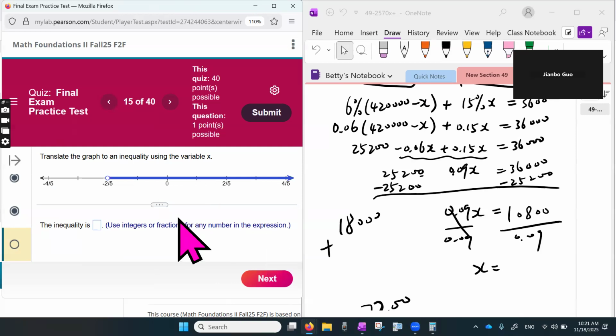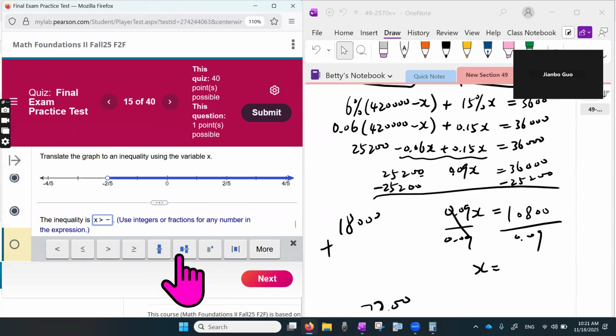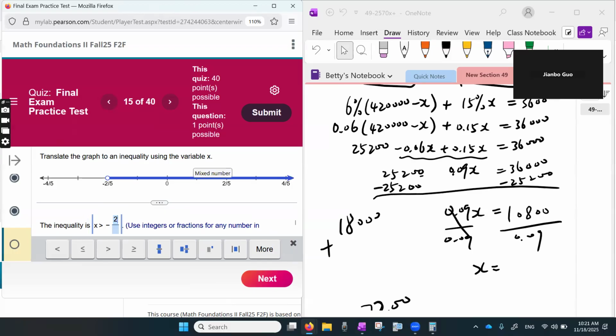Based on the graph, we have x strictly bigger than. Why is it strictly bigger than? Because we have an open circle here. That means negative 2/5 is not included. Bigger than what? Negative 2/5. Corresponding to that graph, we have the inequality x is bigger than negative 2/5.